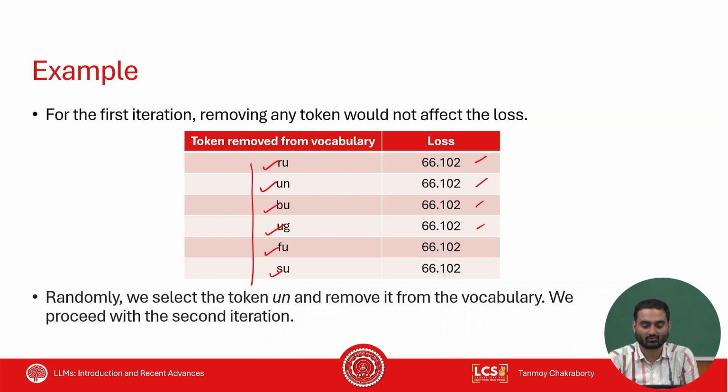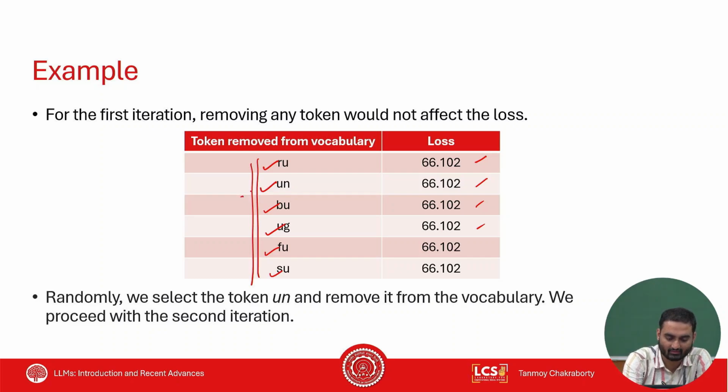In practice, what the algorithm does is remove 5 to 10% or 10 to 20% of vocabulary entries in one go. If you see all these tokens are useless, you remove them at a time. But let's assume that in our case we remove them one by one.